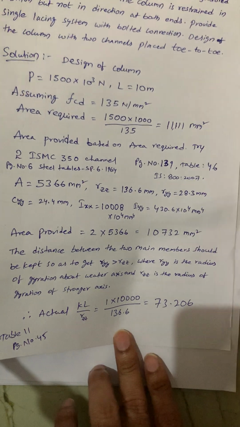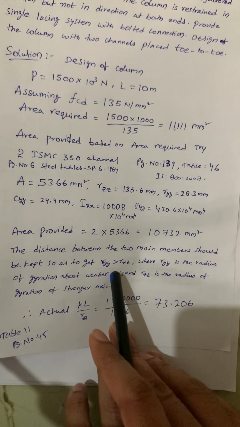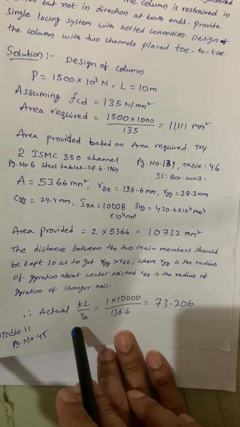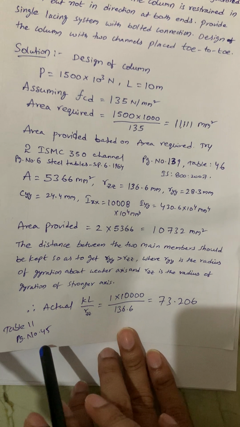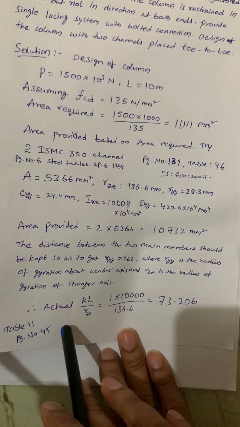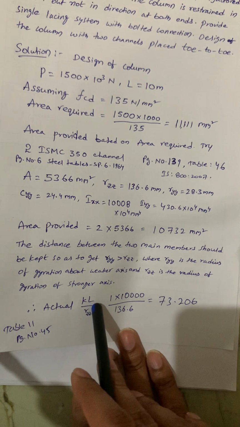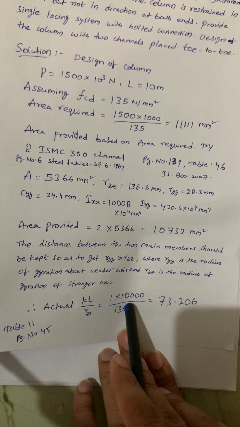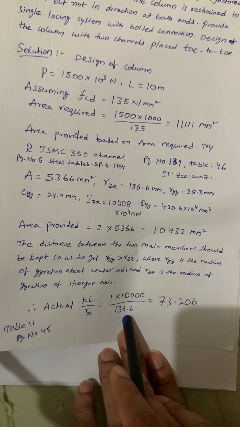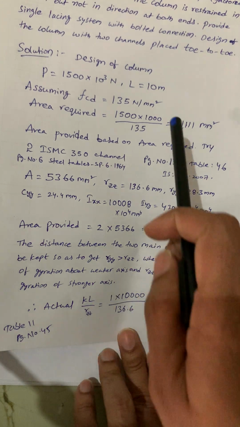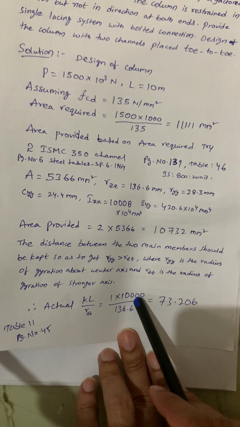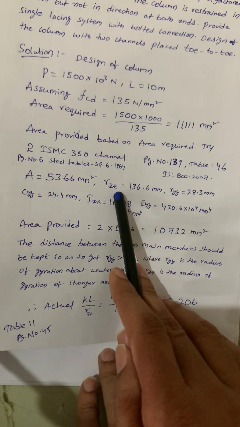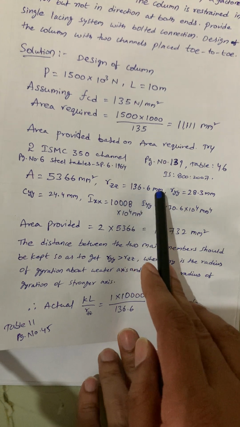As per Table 11, page number 45, IS 800 2007, the code specifies the actual slenderness ratio KL by RZZ, which is 1 into 10,000 divided by 136.6. L is nothing but 10 meters, so I converted it to mm. So 73.206. The RZZ value, available in the Steel Tables, is 136.6 mm.